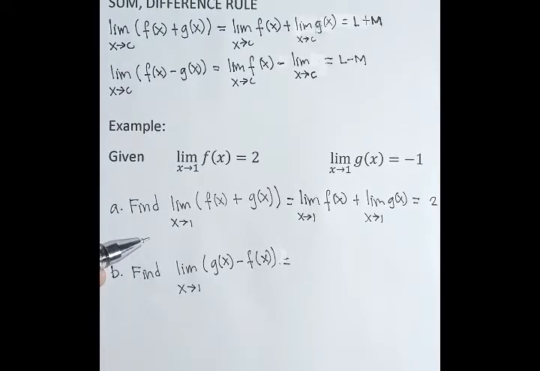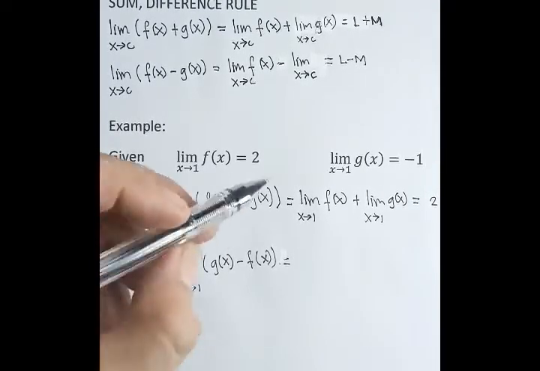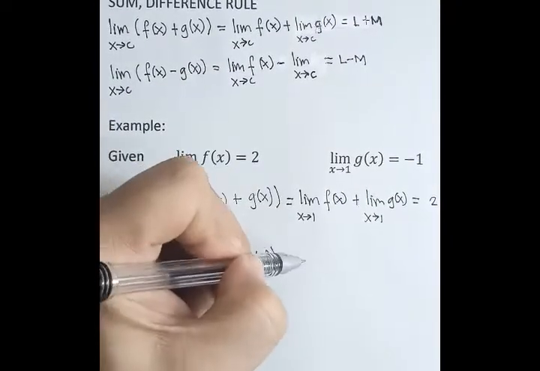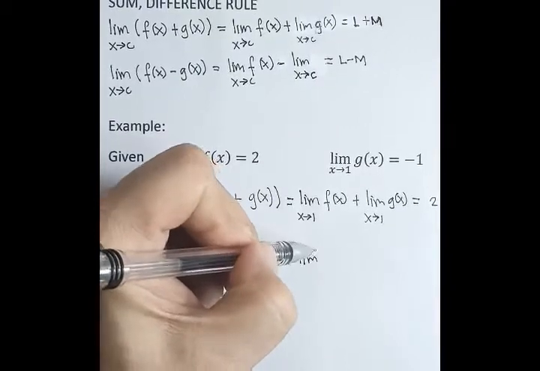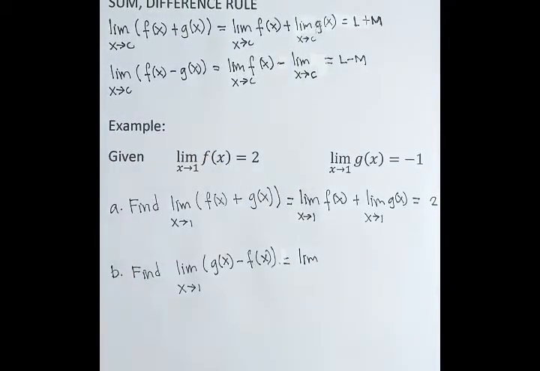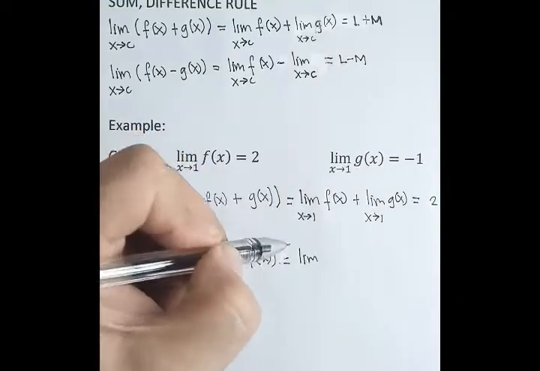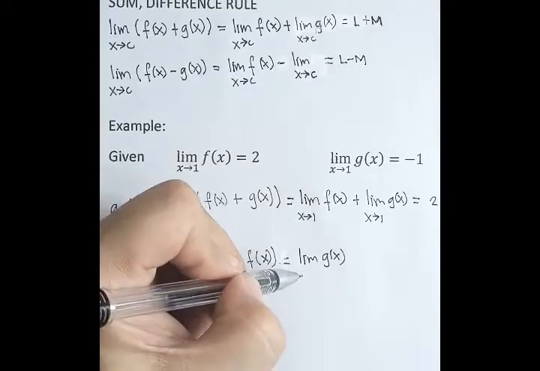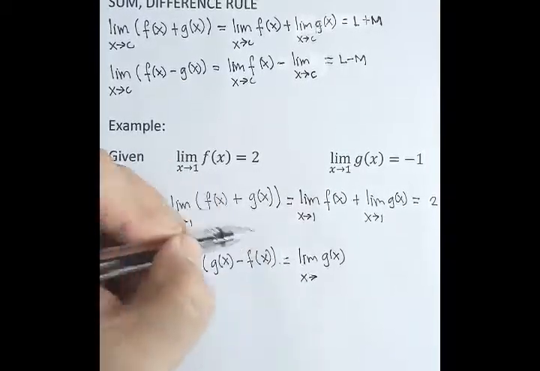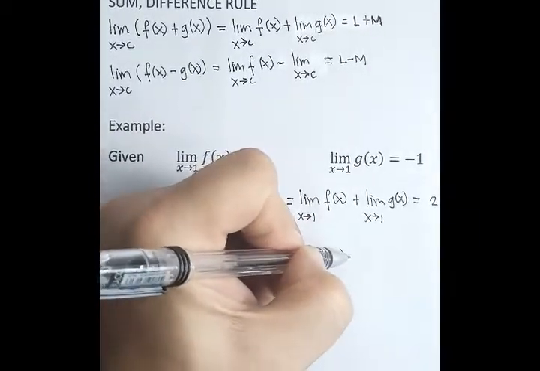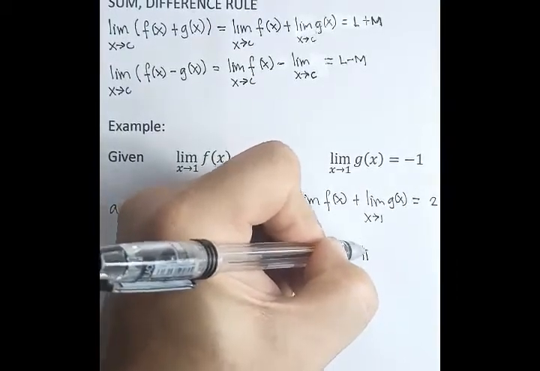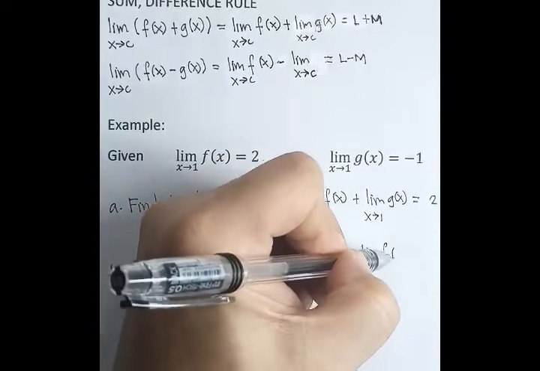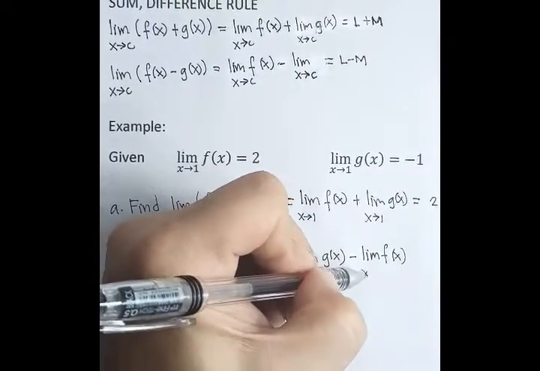So when we rewrite, we have the limit of the g function of x as x approaches 1 minus the limit of the function of x as x approaches 1.